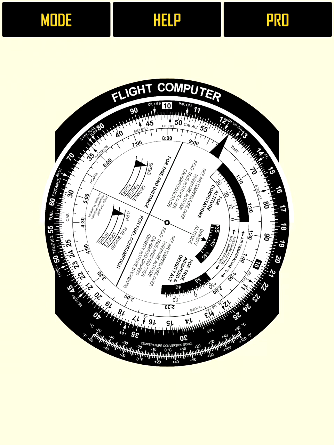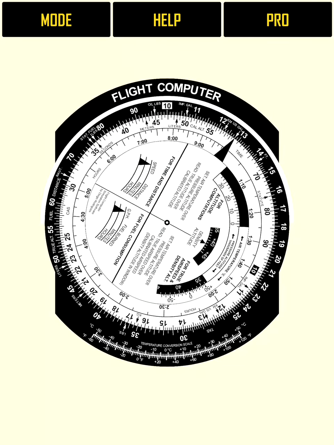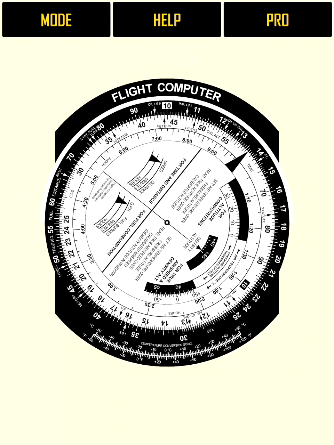We know distance is on the outer scale, so this 30 could represent 300, 10, 20, 30, 45. I don't know if you can see it right up here on the outer scale. The dark side of it is 345 nautical miles, that tick mark right up here. And if you go down, we need to align this 2 hours and 30 minutes, so we need to twist this here.